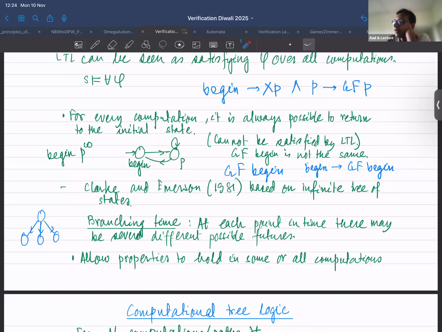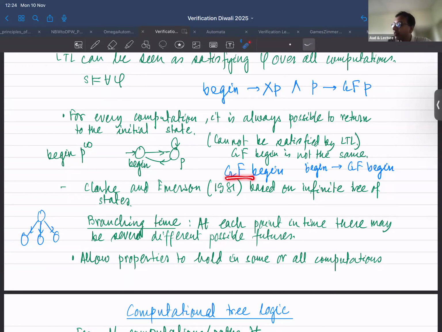Correct? On the other hand, the thing that I can think about is globally eventually begin, GF begin. Now, this is not true in general. What does globally eventually begin say?